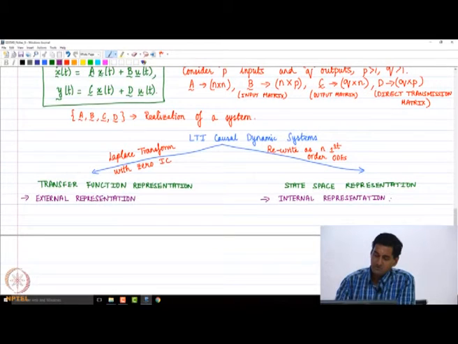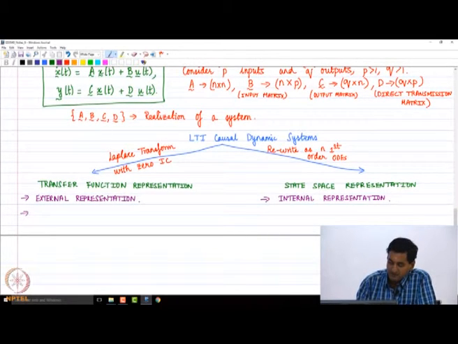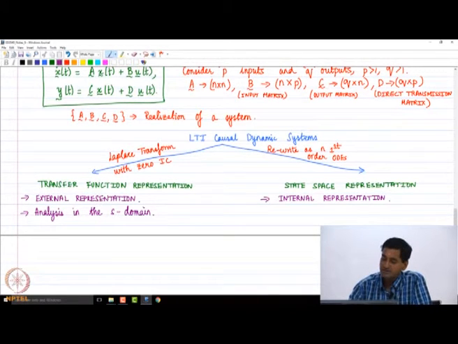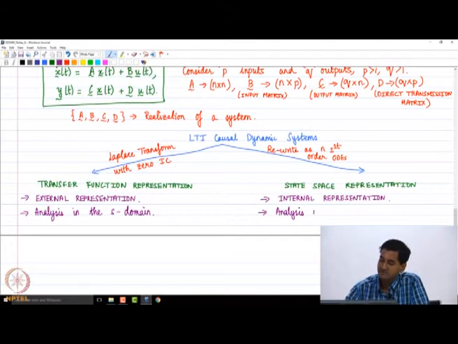The second important point we need to realize is that we do analysis in the complex domain as far as the transfer function representation is concerned, because s is a complex variable. As far as state space representation is concerned, the analysis is done in the time domain.